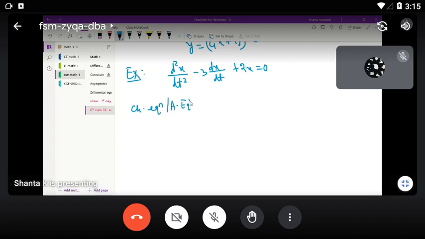It will be d square, the second order derivative, minus 3d plus 2, where d will be d by dt. So the auxiliary equation will be m square minus 3m plus 2, and we will equate it to 0. So what are the roots here? 1 and 2.